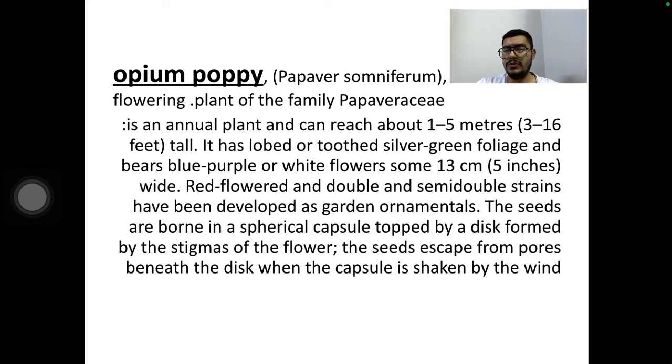It has lobed or toothed silver-green foliage and bears blue, purple, or white flowers, some 13 centimeters wide. Red-flowered and double and semi-double strains have been developed as garden ornamentals. The seeds are brown in a spherical capsule topped by a disc formed by the stigmas of the flower. The seeds escape from pores beneath the disc when the capsule is shaken by the wind.